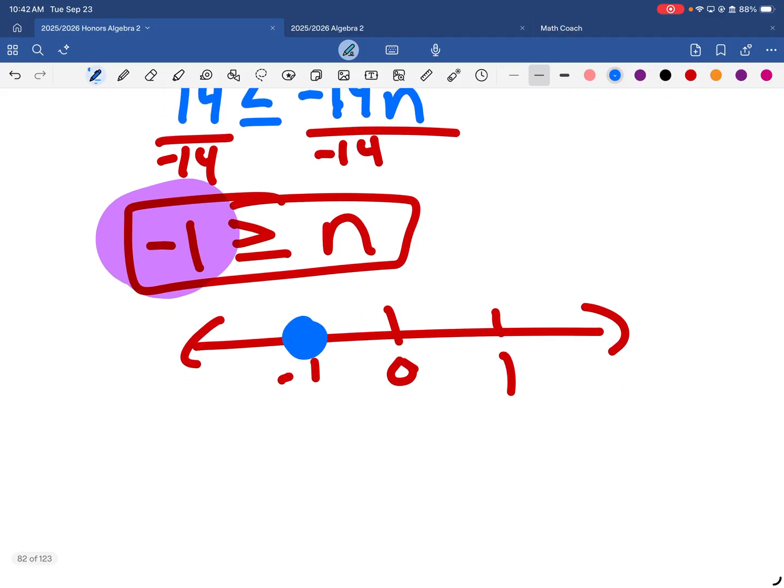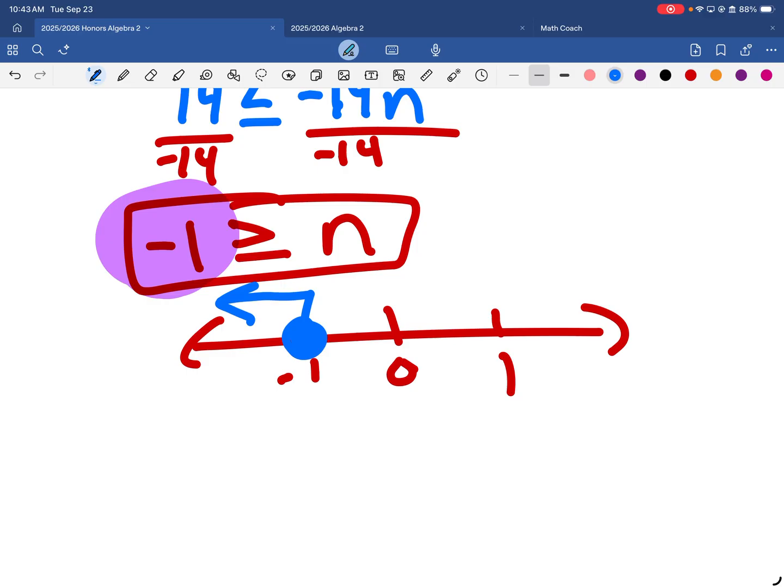It's why I like to always talk about the n value. I'm not going to say negative 1 is greater than or equal to n. I'm going to start with the n value. If I start with the n value, it says n. Now, the mouth is opened away from the n, so that means n is less than, so n is less than or equal to negative 1. So my graph in this case is going to go in that direction.